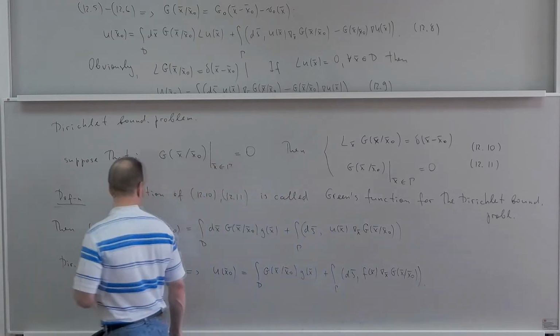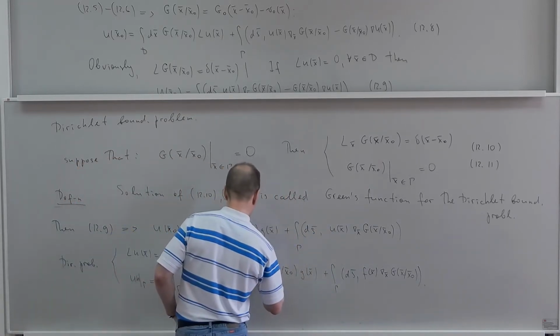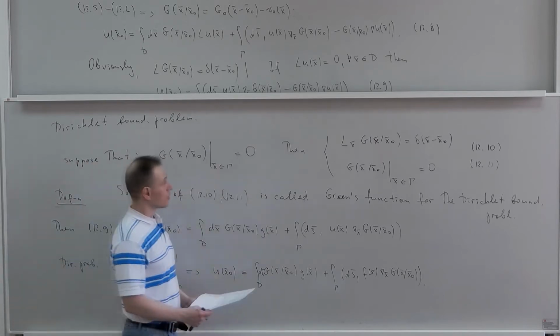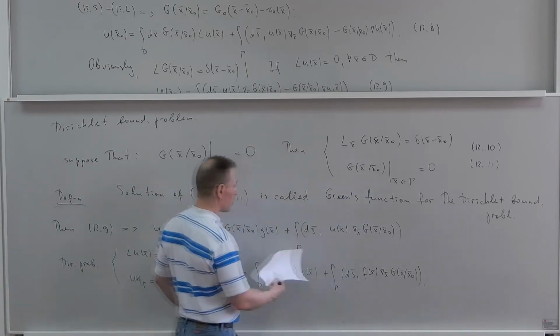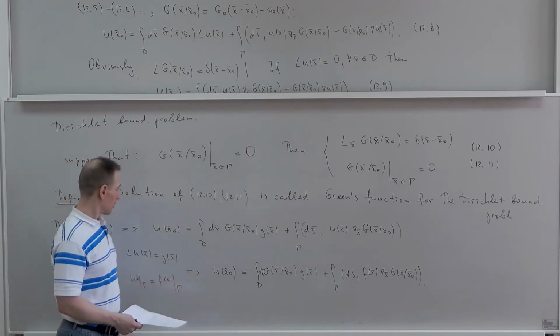Thus, if you know the corresponding Green's function, then we know the solution of the Dirichlet problem.